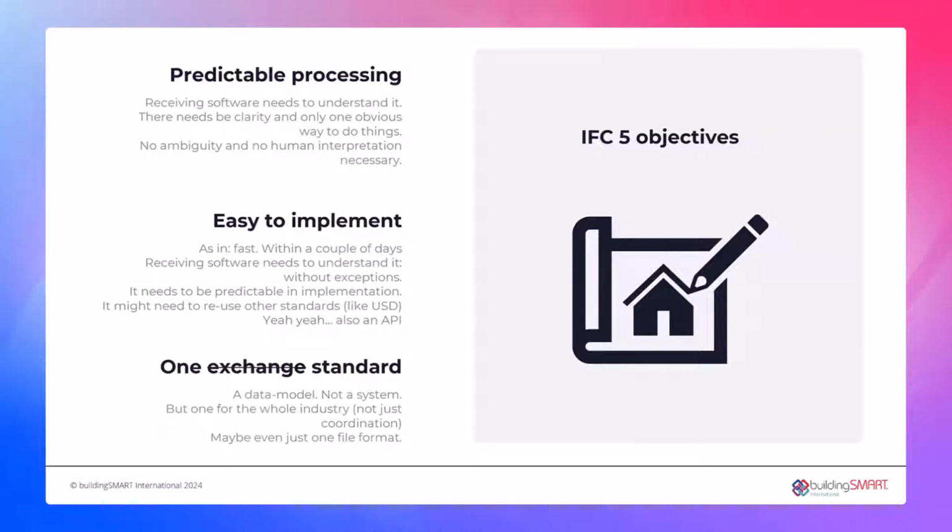And then also important, it needs to be one standard. Apparently, I can't call it an exchange standard, data model. You all get the point. I don't have to explain this to you. But this is not just for this coordination use case. This is what I talked about yesterday as well. It needs to be one IFC. You can use it for your use case or not.